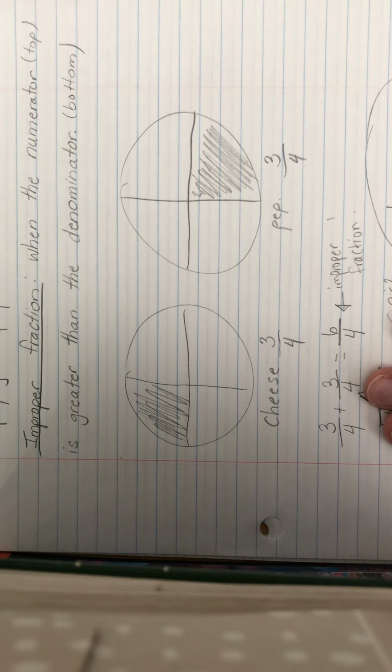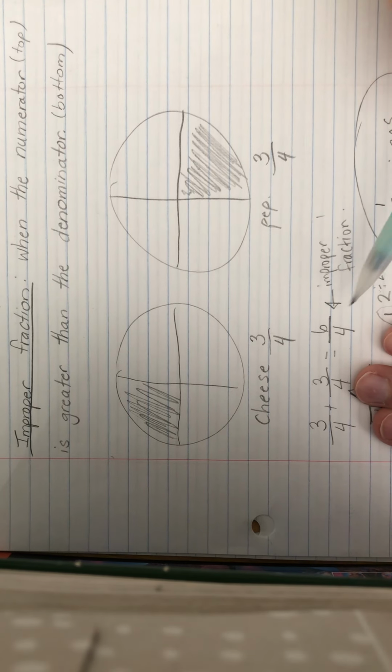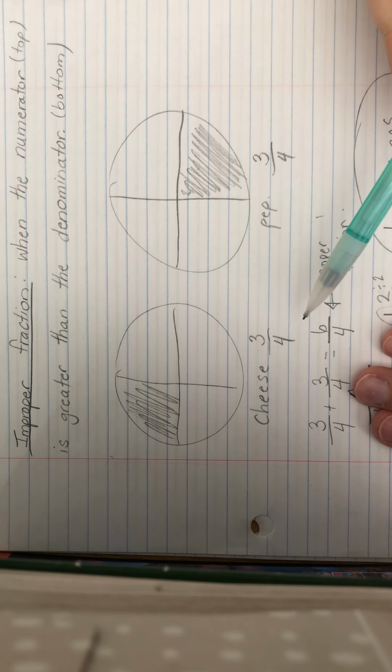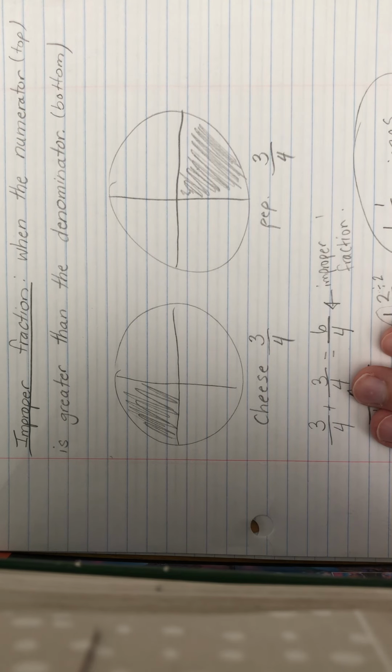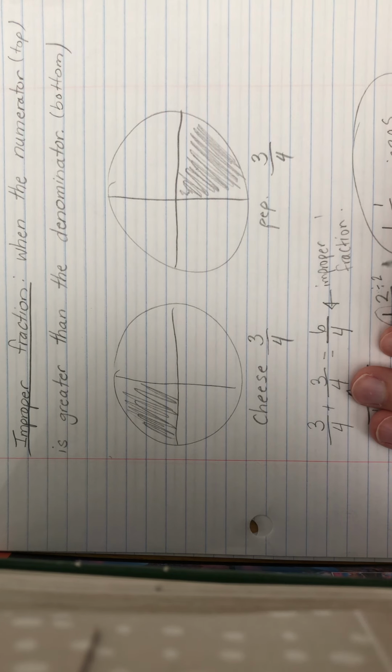Last year when I was teaching the now 6th graders, there were students who were able to just look at an improper fraction and figure out what it would be as a mixed number in their head. Now, my math brain does not work that way. If yours does, that's totally fine, it's awesome. But if yours is like mine, I'm going to show you how to make it a mixed number.